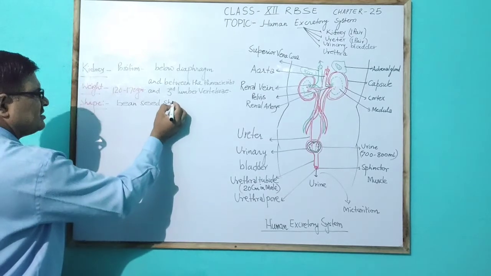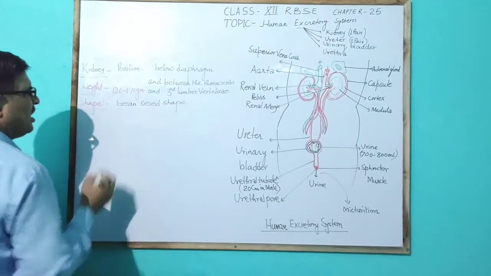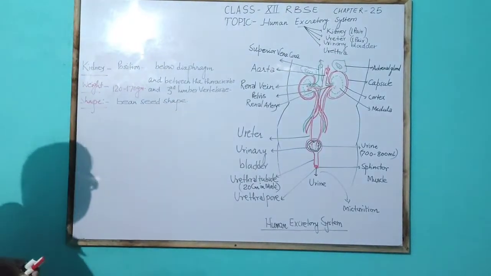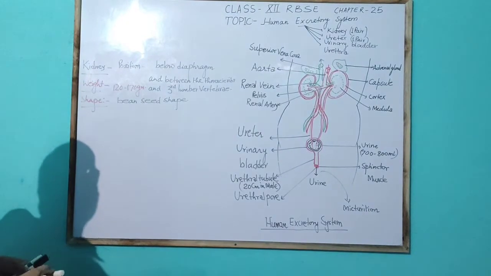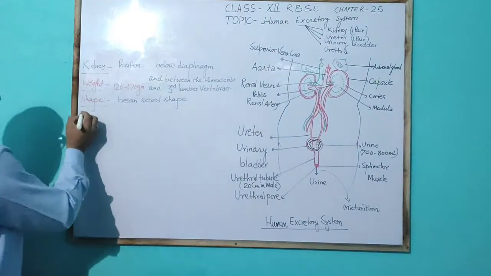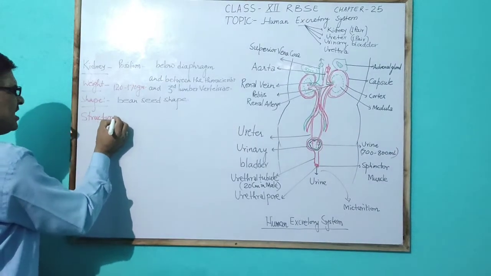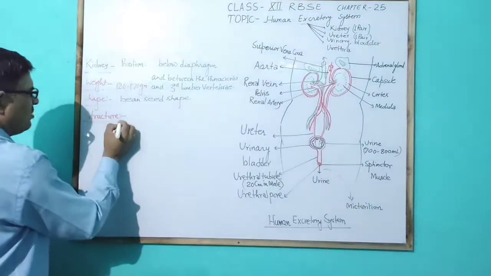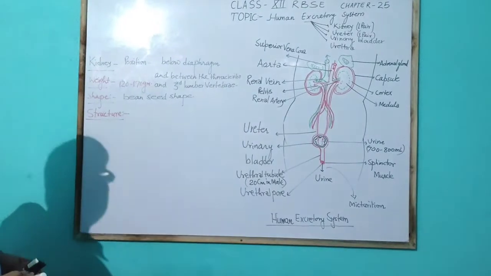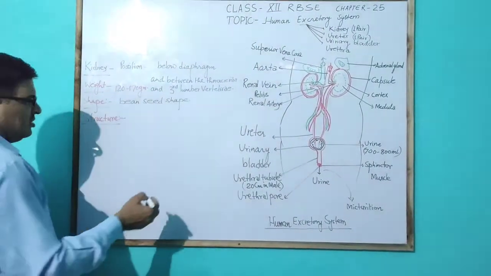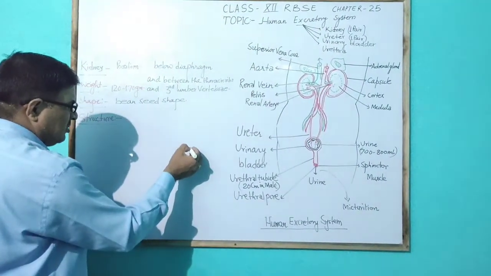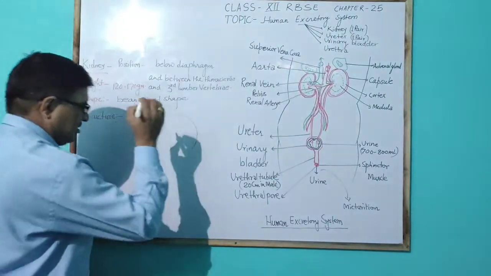Bean seed shape is found in the human kidney. Then the structure of the kidney. So this kidney has the following structure.